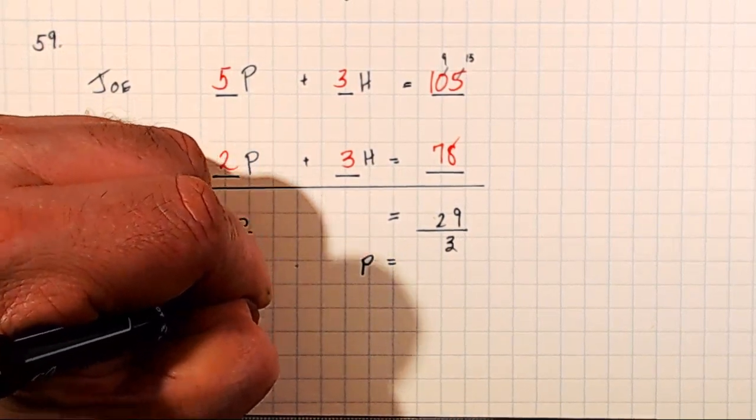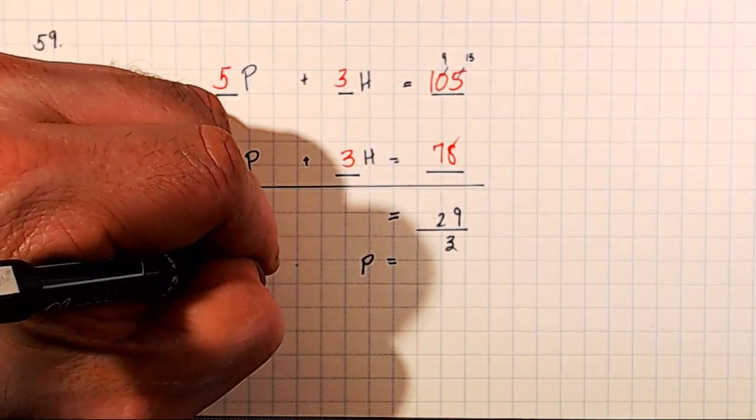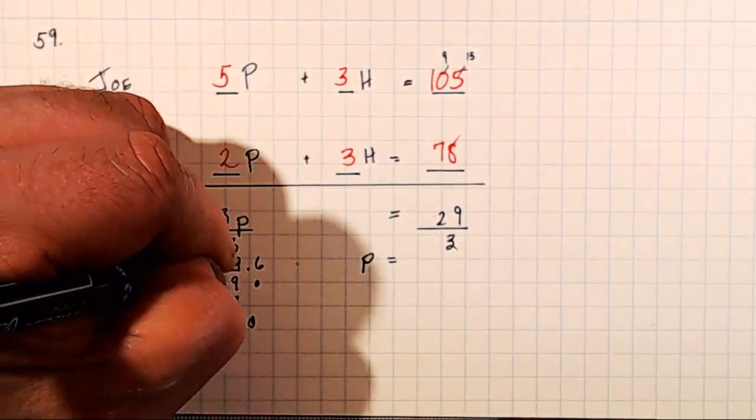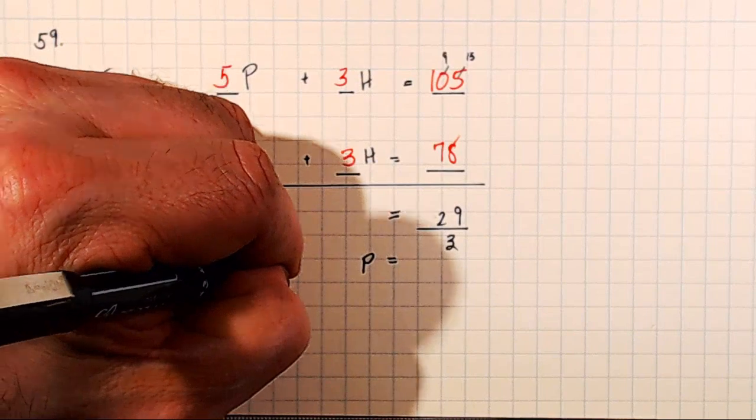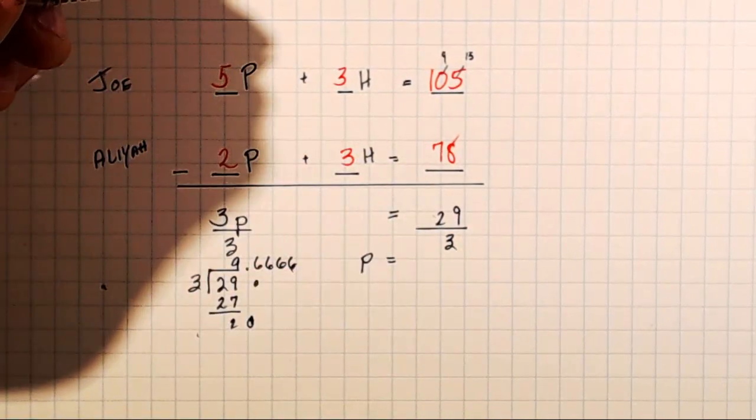Pull down a 0. 3 goes into 20 6 times, and then we're just going to be doing 6 forever. Okay, 9.666 repeating, 9 and 2/3.